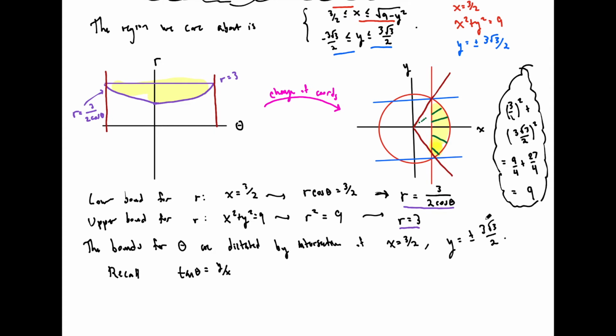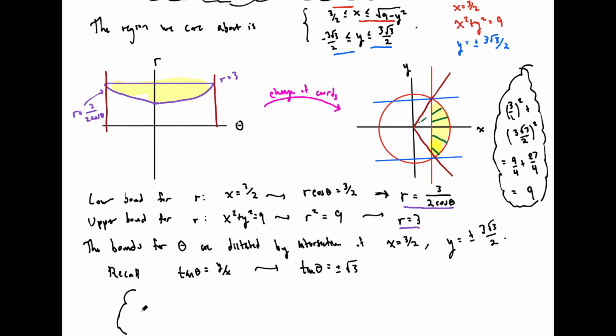So at these points of interest, which dictate the bounds for theta that we have, tangent of theta is going to be, well, what is y over x? 3√3 over 2 divided by 3 over 2 is just √3. Likewise, with the negative sign, we'd get negative √3. So tangent of the relevant angles that we care about are plus and minus √3.